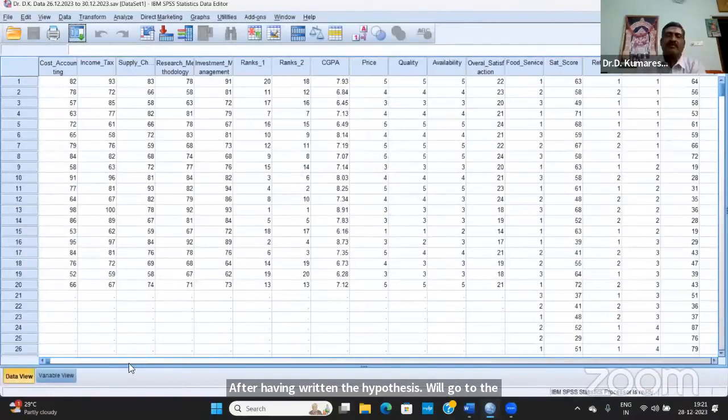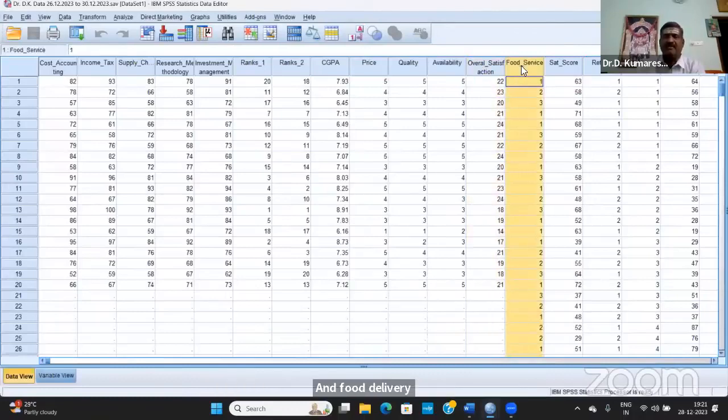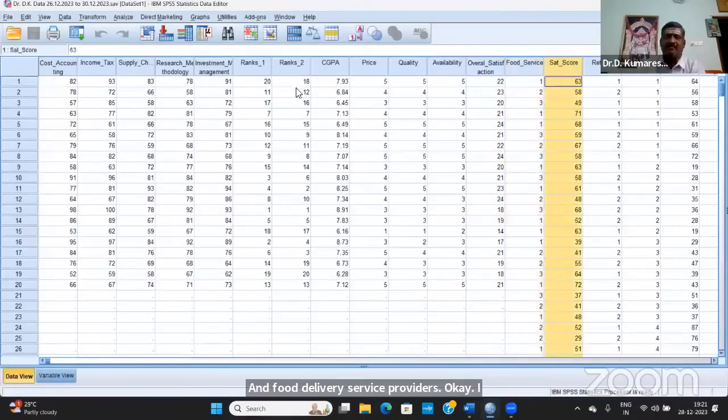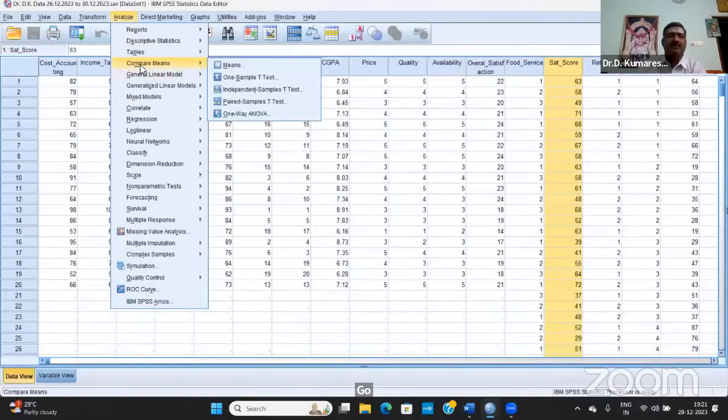So here, what are the variables? Overall satisfaction and food delivery service providers. Okay. I mean, satisfaction score is given here. So go to analyze. Go to compare means. Then select one-way ANOVA.